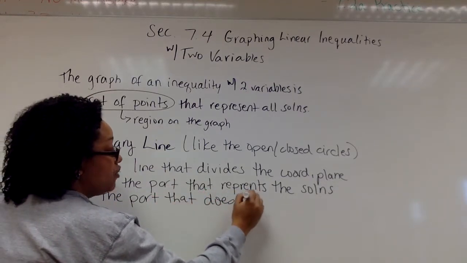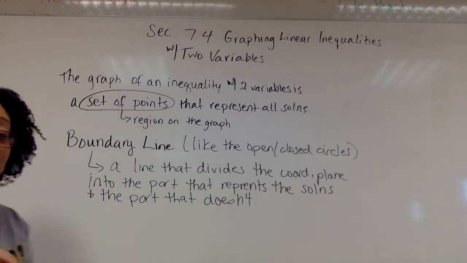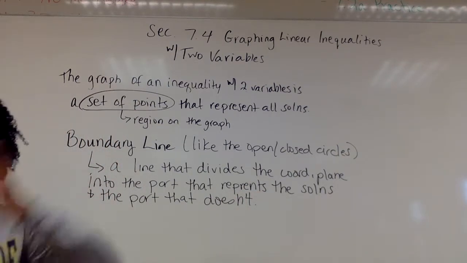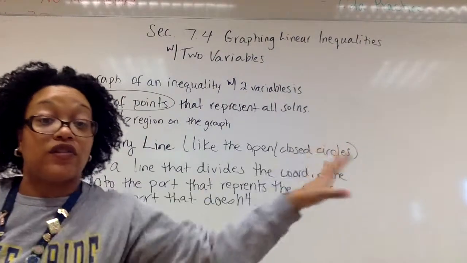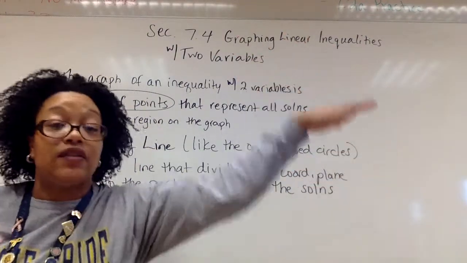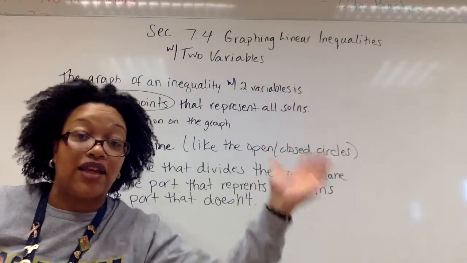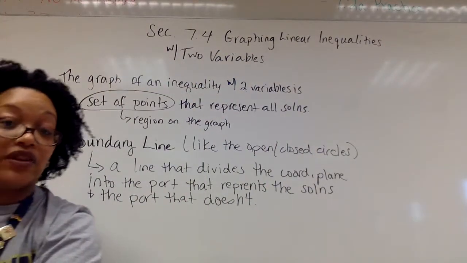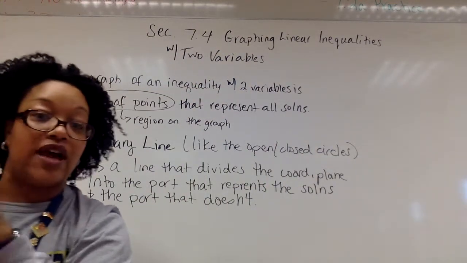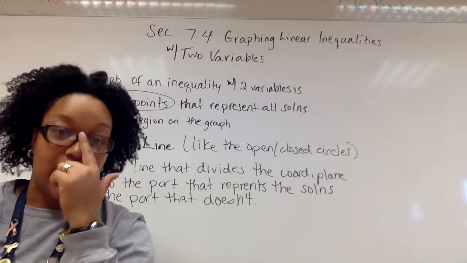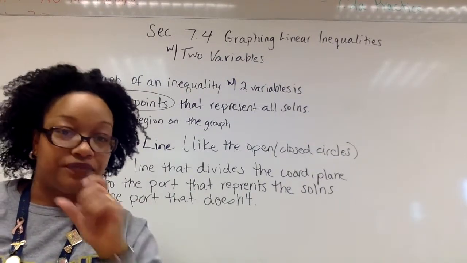Okay? So your boundary line is going to be the actual line that you graph where one side of that line has all the solutions. Everybody that's living there is a solution to that inequality. And then on the other side of the line, they're not solutions. They're not invited to the party. You see what I'm saying? So that line is very important.